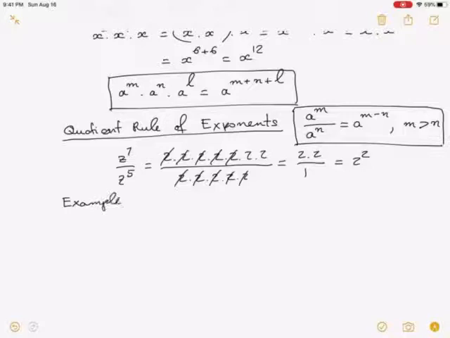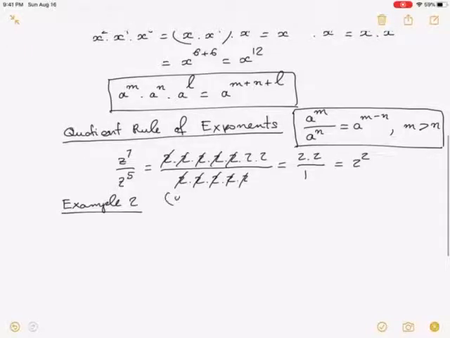Example 2. Say if we have y square root of 3 to the power 5 over y square root of 3.